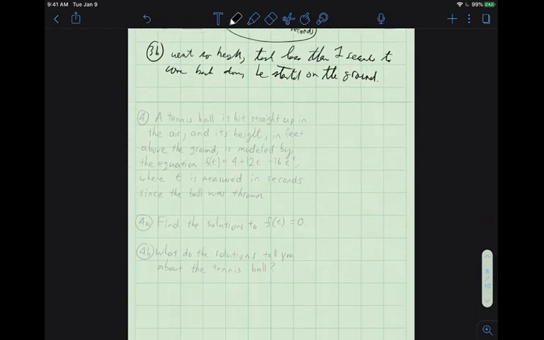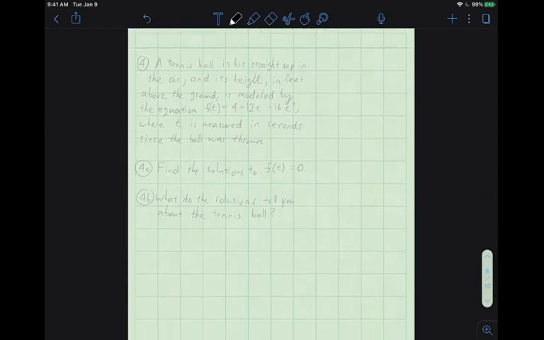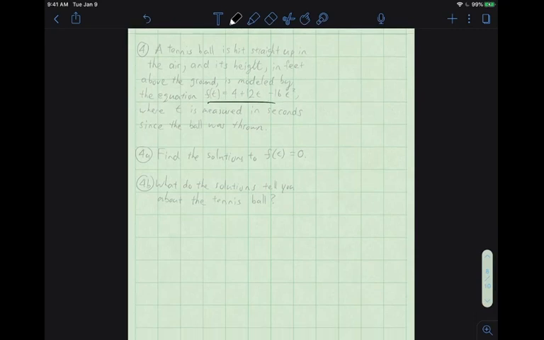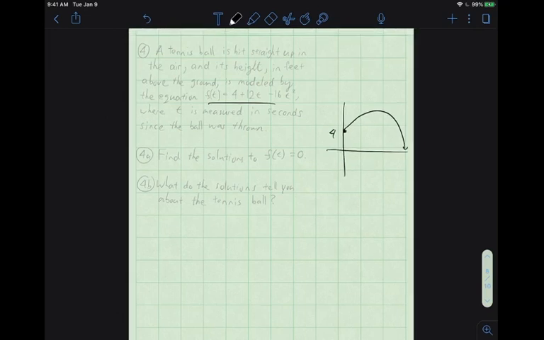Last question. 4. We have something similar. A tennis ball is launched straight up. This one does have a y-intercept over here of 4. Looks like that. Find solutions. Another factoring. I think this one's factorable.